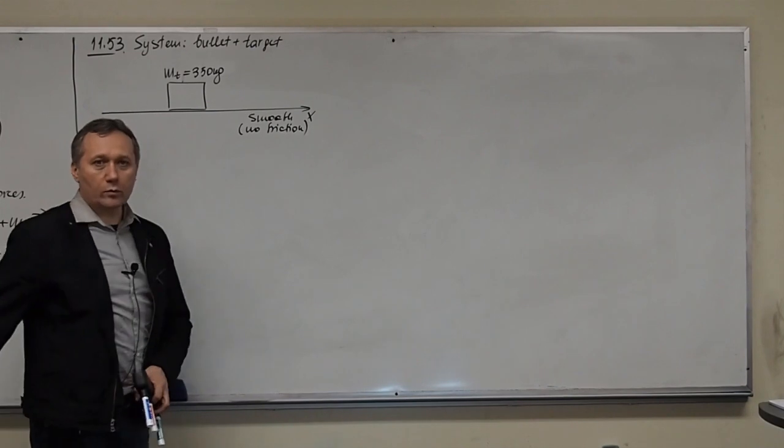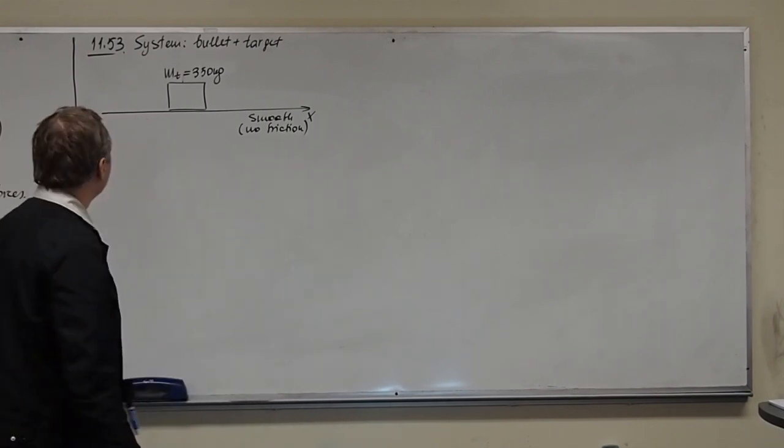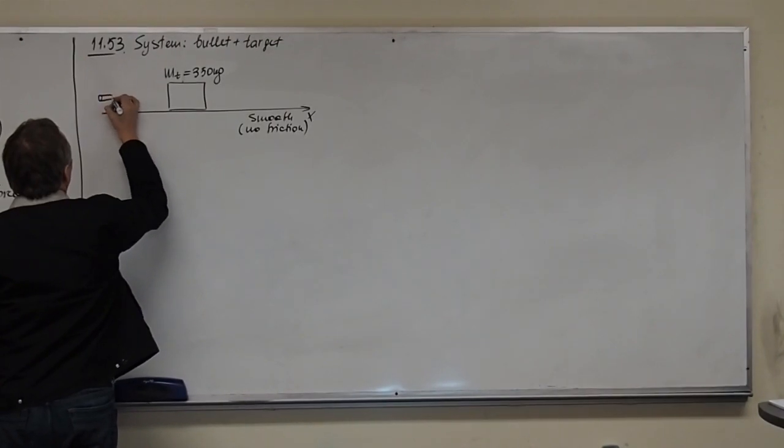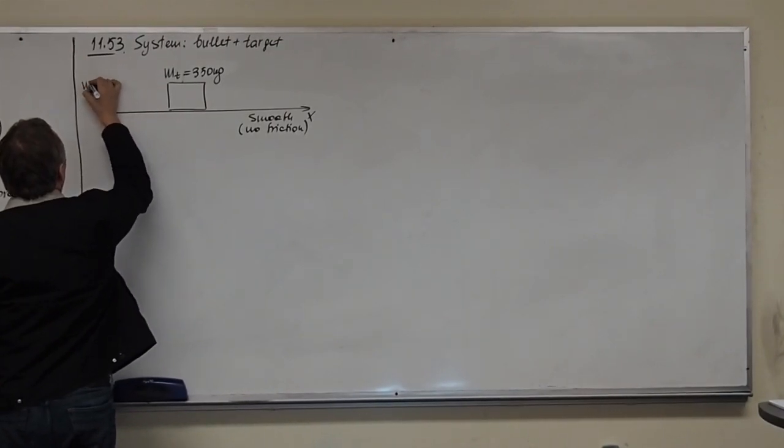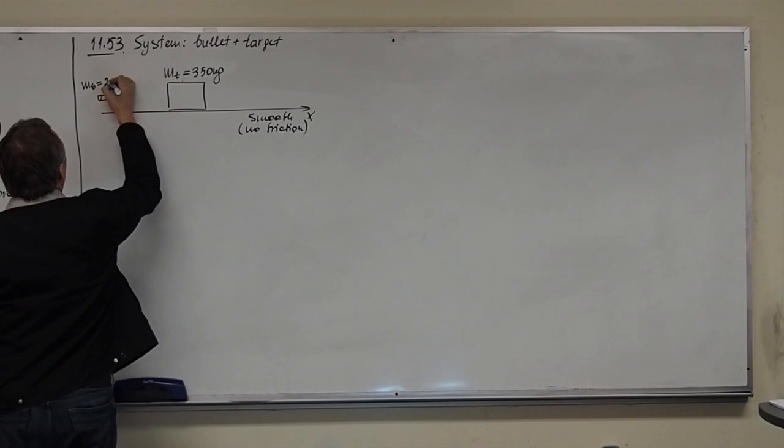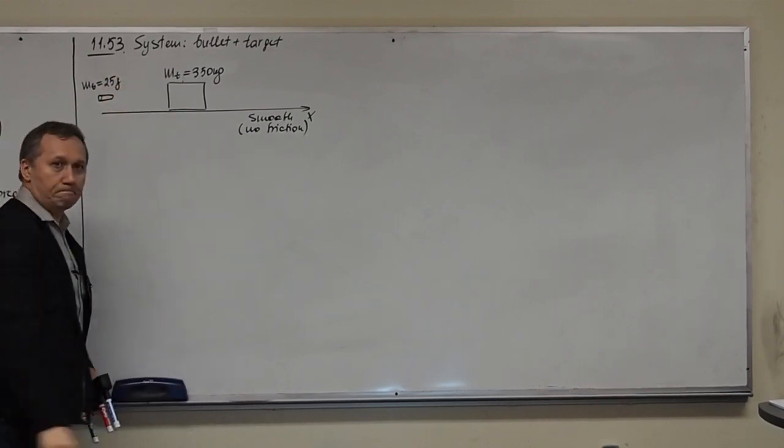I just want to write all the numbers again on the picture. Then here comes the bullet. Mass of the bullet is 25 grams.